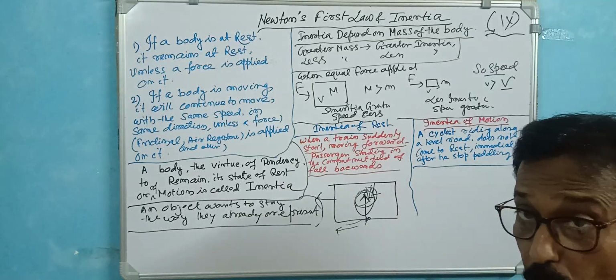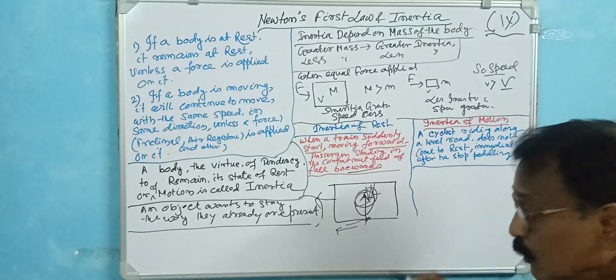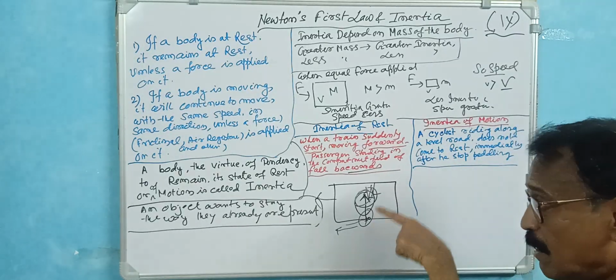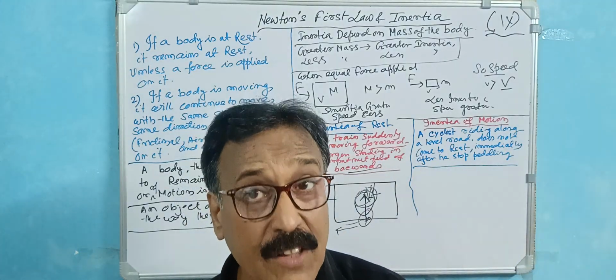So balancing their body, they just go backward. For that reason, the lower part is in motion but the upper part is in rest condition, because they are already at rest.